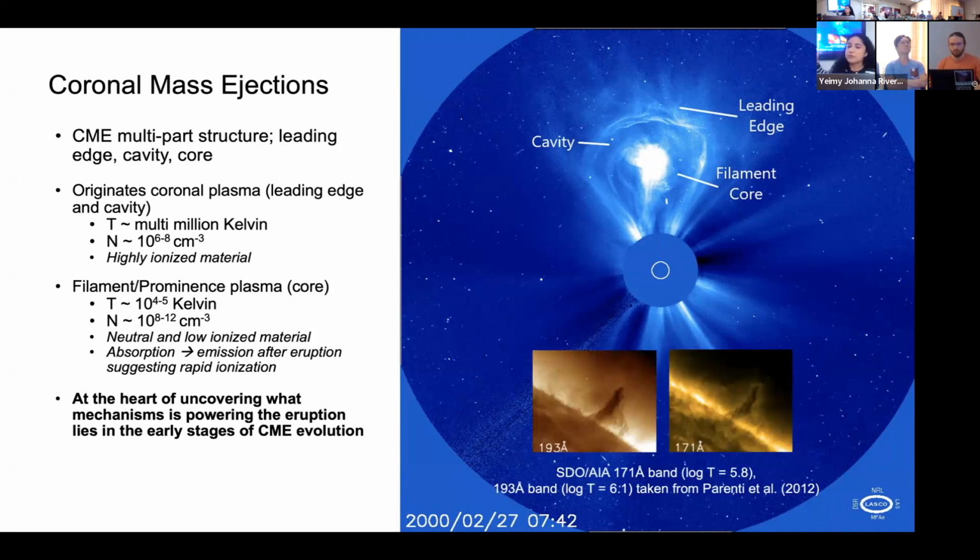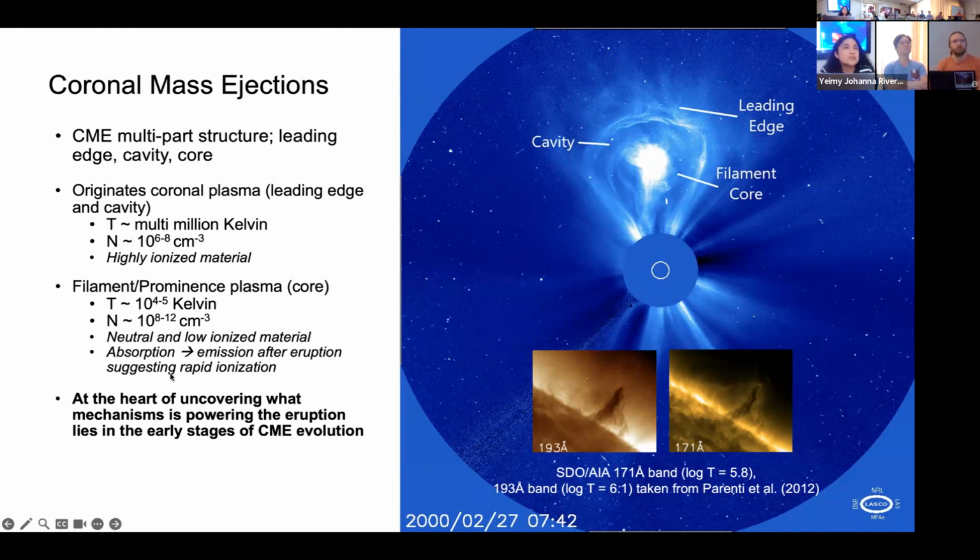So these are two images in the EUV of the prominence structure magnetically suspended within the corona, and you see these dark blobs in the EUV that are essentially absorbing EUV radiation, but also not emitting in that wavelength because they're very cool, dense structures.